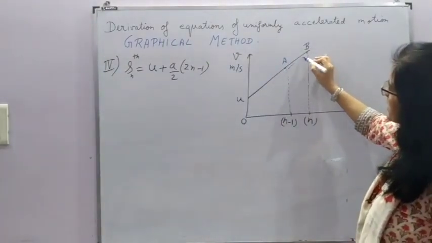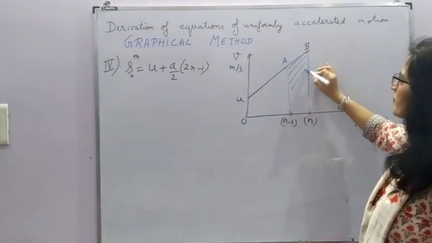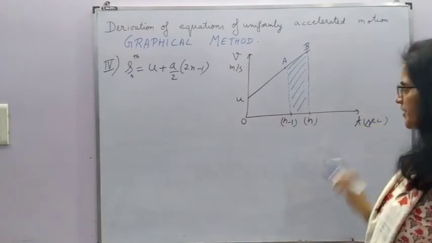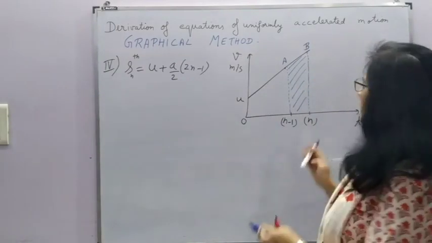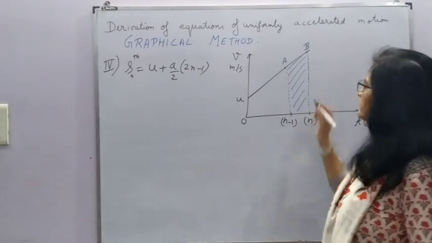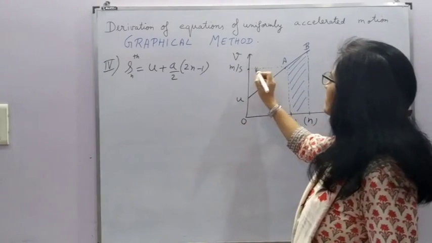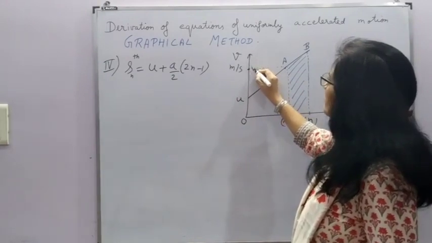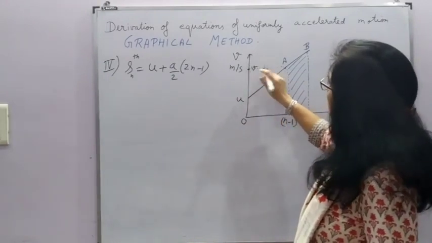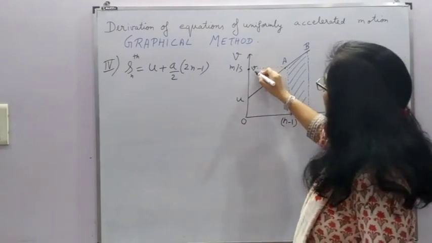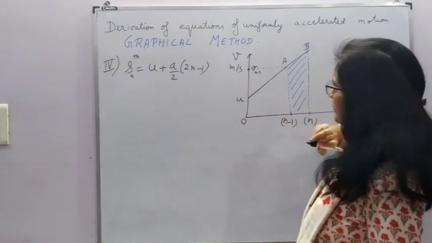So that means we have to find this area, first thing. Second thing, if time is n minus 1, this speed is the final velocity at n minus 1, right?